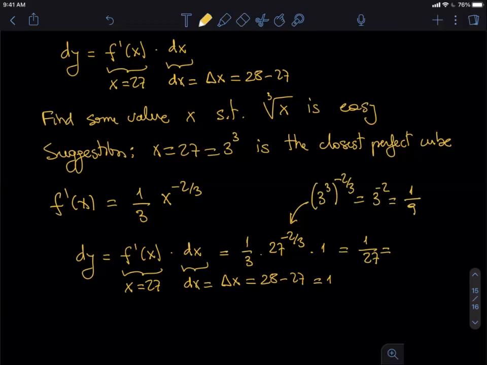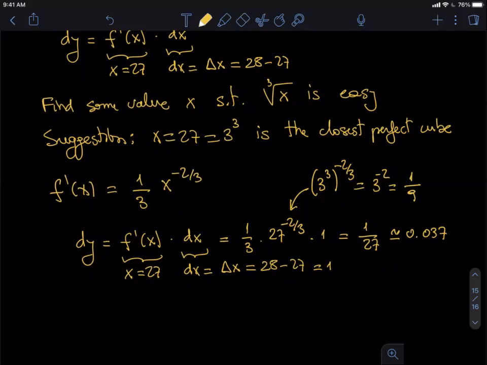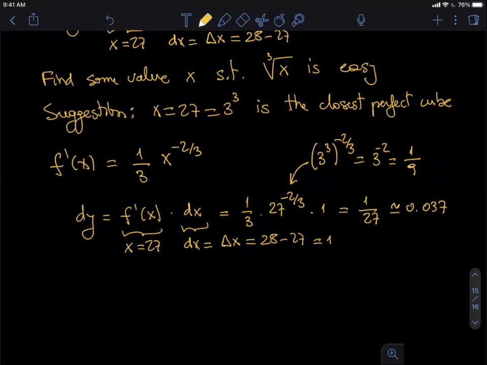This is actually by chance. And when I compute the exact value, I get an approximation of 0.037. So this is the difference in output based on my difference in input of 1 unit.